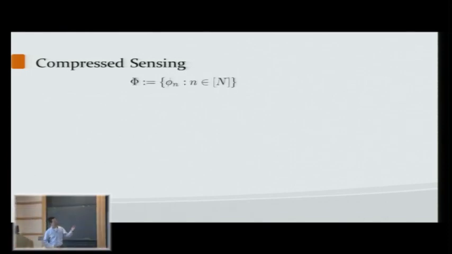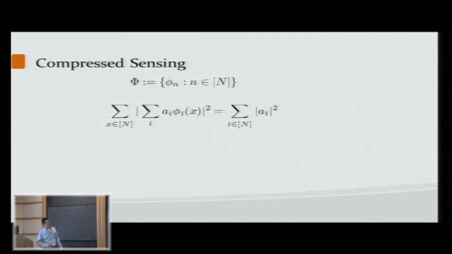Here you have an orthonormal system on some set indexed by [n], which is just 1 through n. If I take a function supported on this, and I sum over x over the entire space, then this is just equal to the sum of the squares of the coefficients.